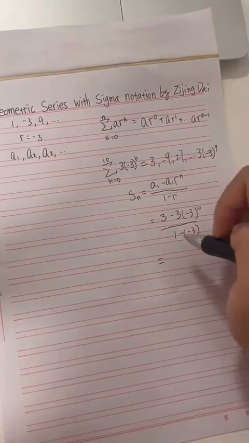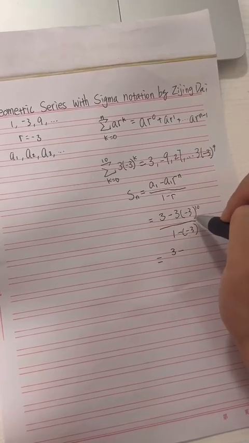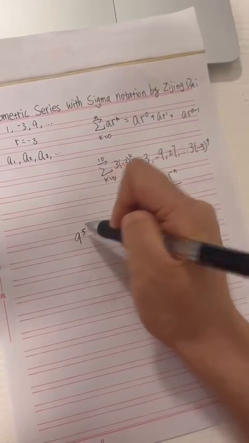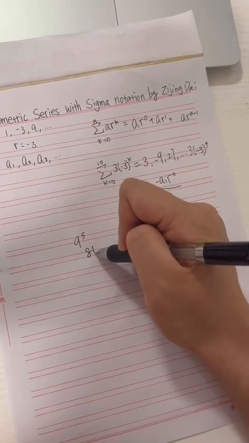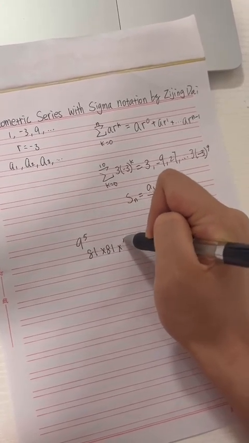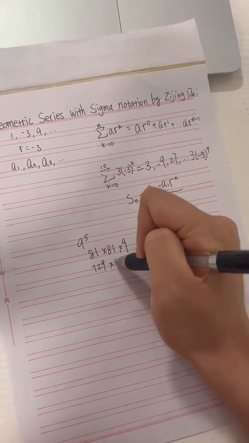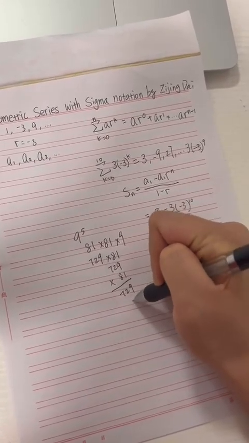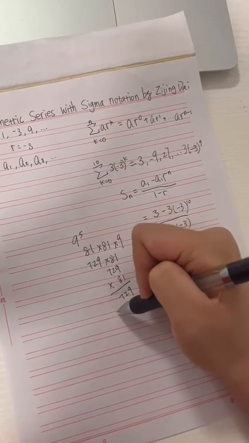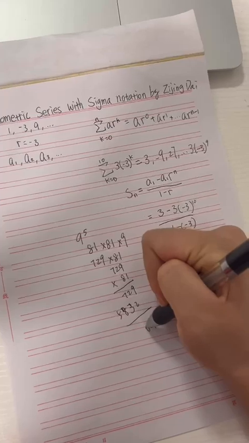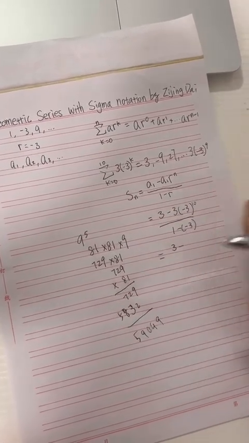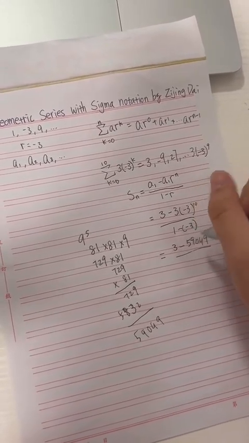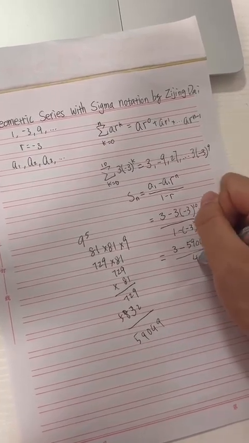So we get that the sum of this geometric sequence is 3 minus, first we need to know what is -3 to the 10th power, which is 9 to the power of 5, which is 81 times 81 times 9, which gives us 729 times 81, which gives us 59049, and the denominator is 1 minus -3, which is 1 plus 3, which is 4.